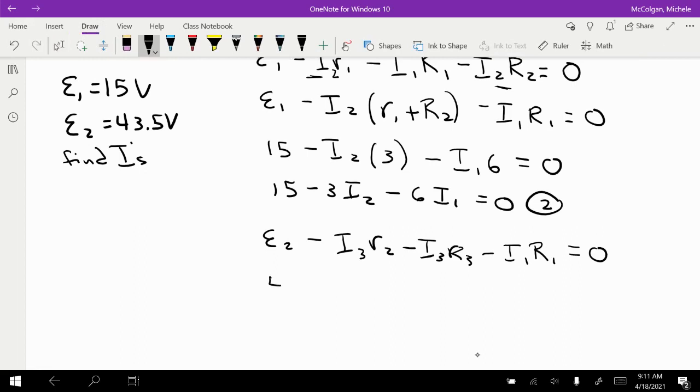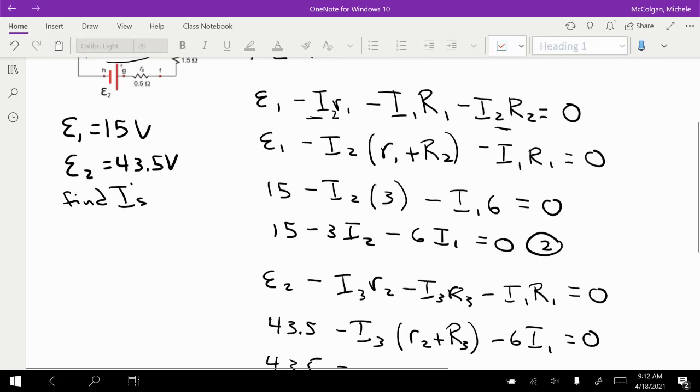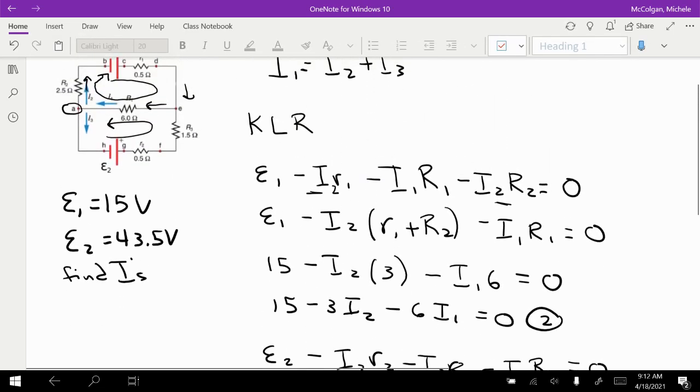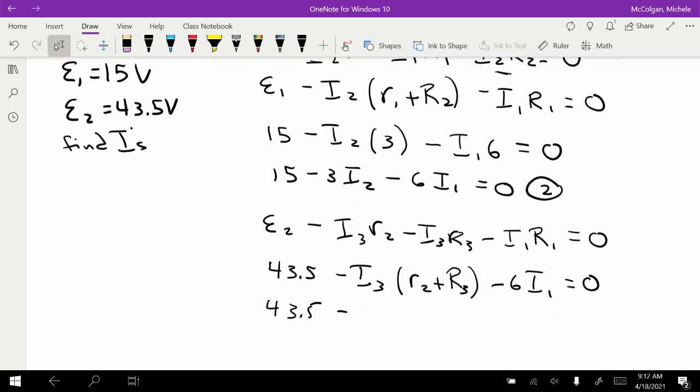So that's going to be 43.5 volts minus, and now I've got I3, and it's going to be R2 plus R3, and then minus 6I1 equals 0. So 43.5 minus R2 is, let's go back, I think our little R2 is 0.5, but what is R3? 1.5. So that's going to be 2. Minus 2I3 minus 6I1 equals 0.